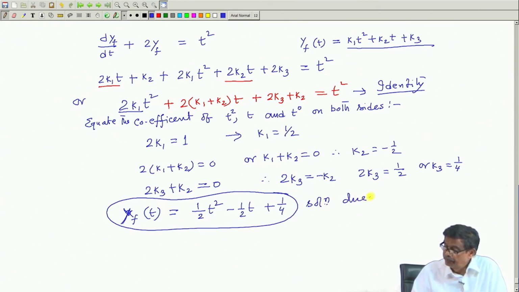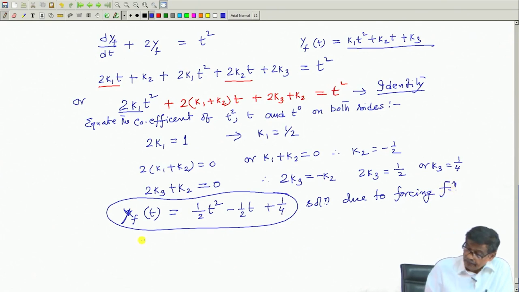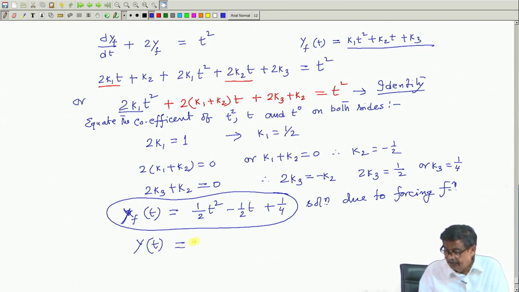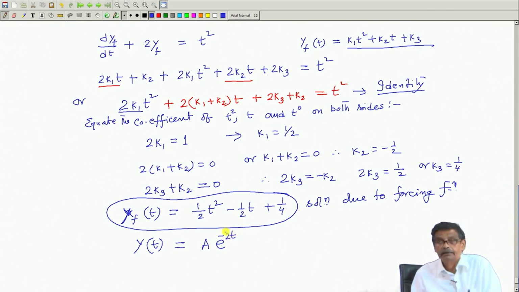Therefore, the total solution now I know is A e to the power minus 2t, that was the natural solution of the system, plus this thing: half t square minus half t plus 1 by 4.